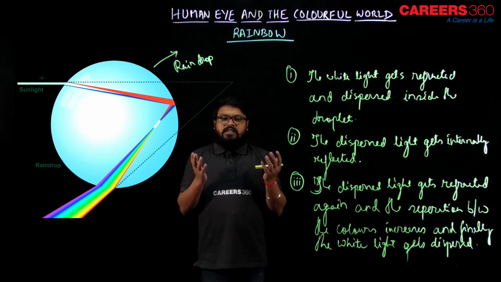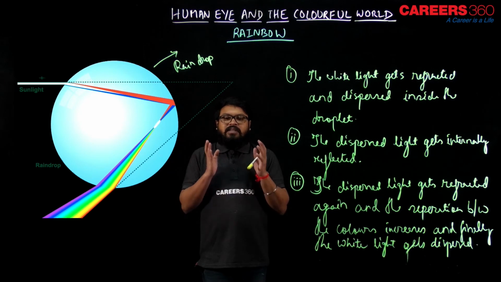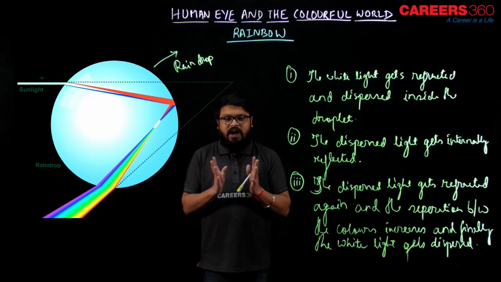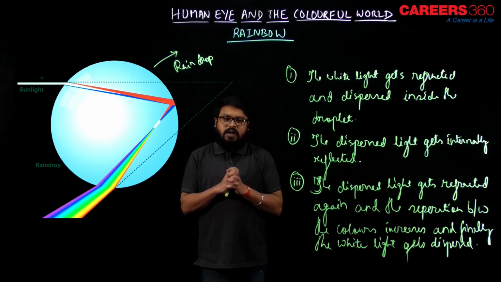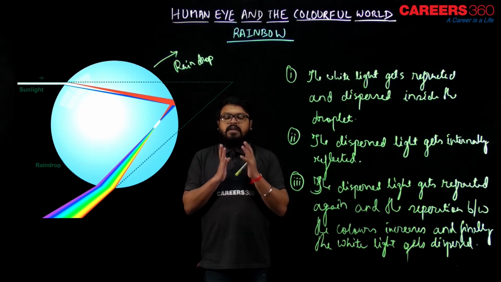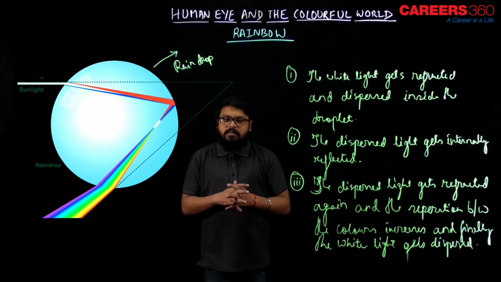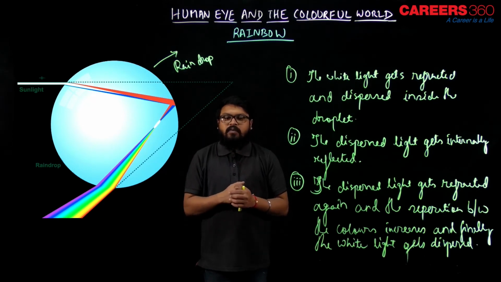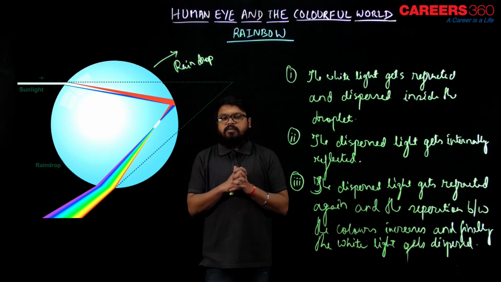So, let us repeat it again. A rainbow is a natural spectrum appearing in the sky after the rain shower, and the observer must have the sun on his back side in order to observe the rainbow in the sky. And what is the detailed concept behind rainbow formation?